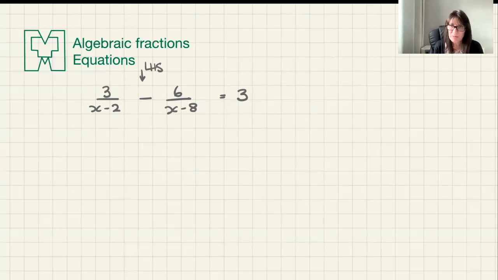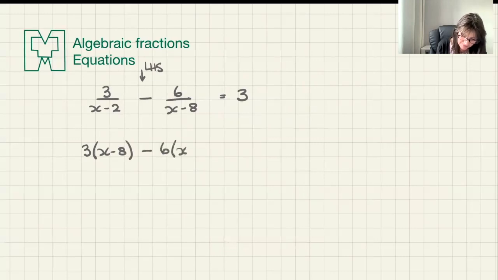When I do my cross multiplying at this stage, I'm just leaping through. So I'm going straight into, I've got a 3 and my x minus 8 is coming to join it. I've then got take away 6 and then my x minus 2 is coming to join it.